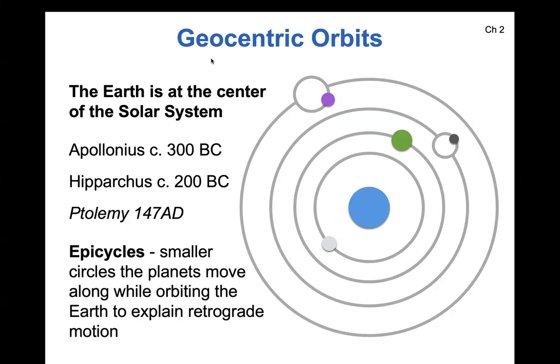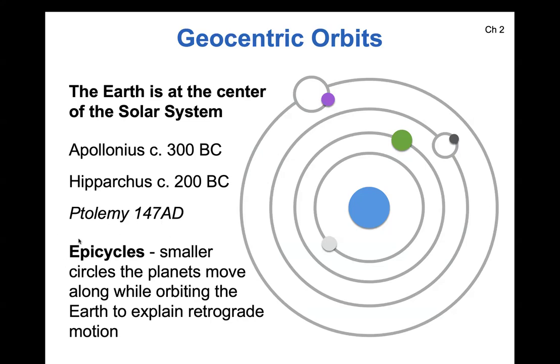Well, perhaps the best way, although it's definitely overcomplicated, was to say that the planets moved on things called epicycles. And this was the term given by the most significant of these early philosophers, called Ptolemy.